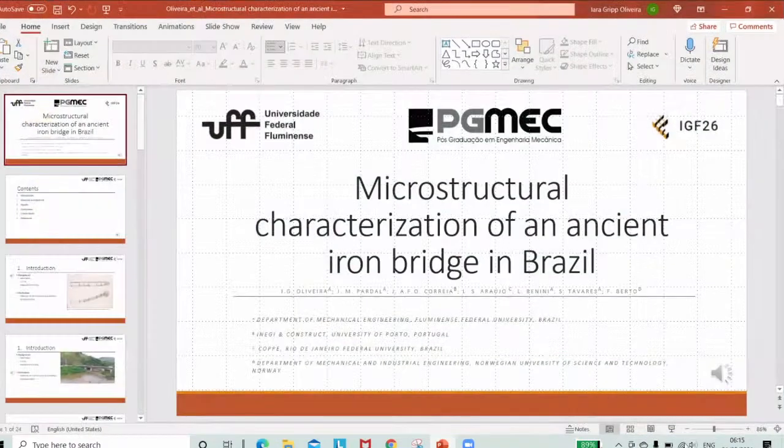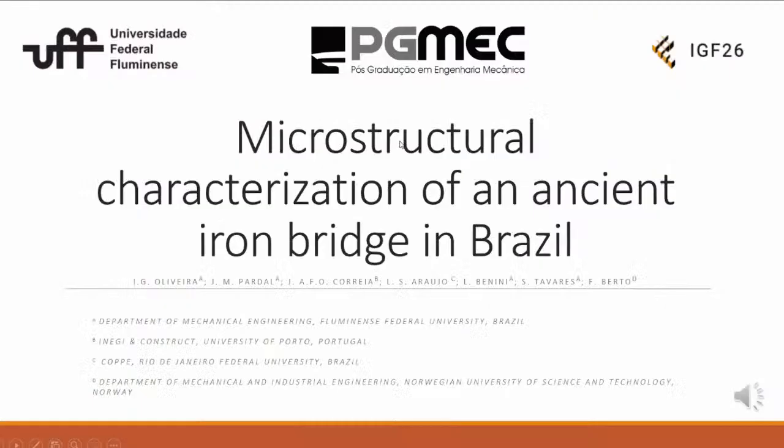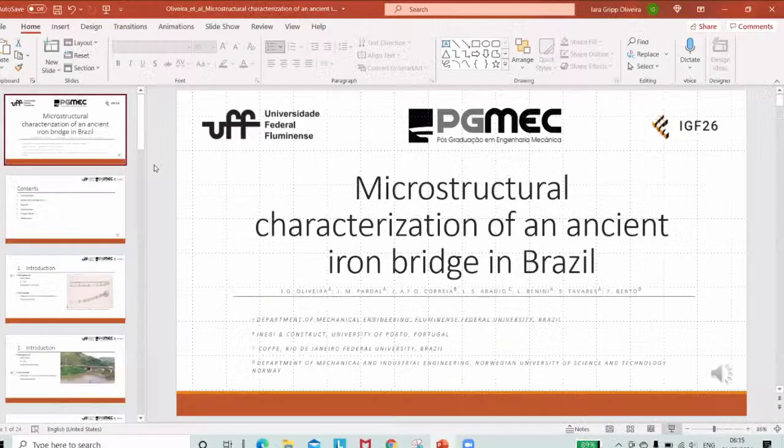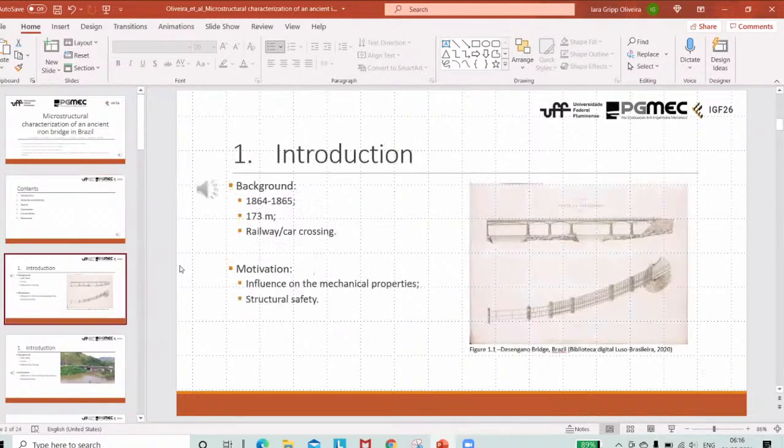So my work is out. Oops. The title of the work is Microstructure Characterization of an Ancient Iron Bridge in Brazil. I am a PhD student from Brazil, and I will show you the main topics of the work. Here we study this ancient material from an ancient bridge from the 19th century in Brazil.